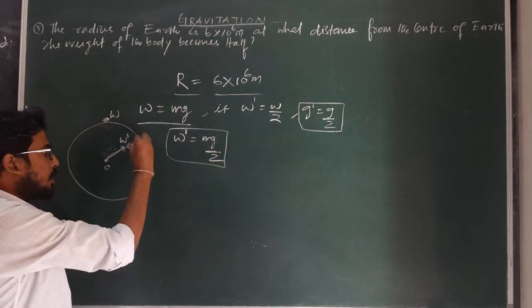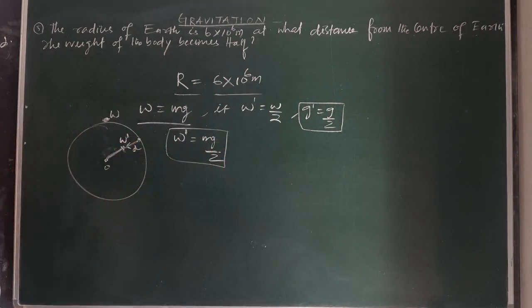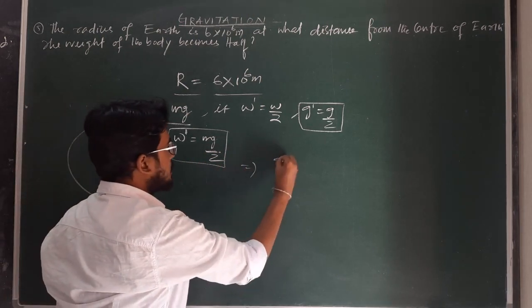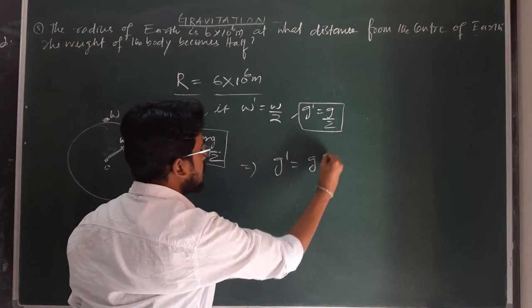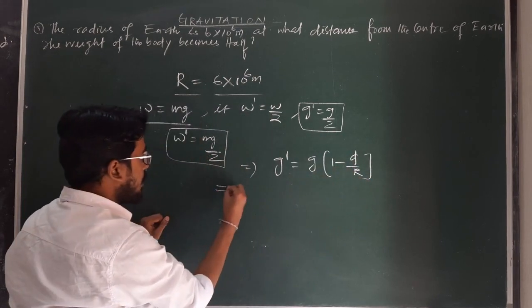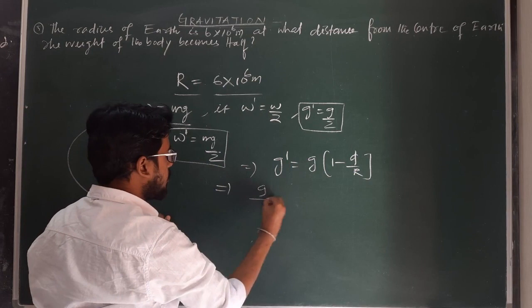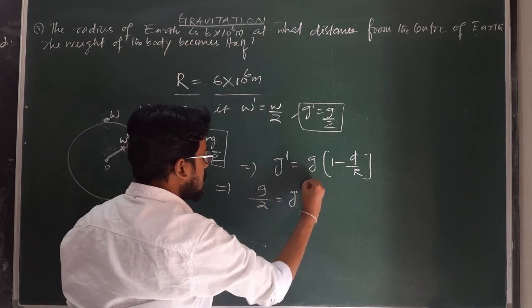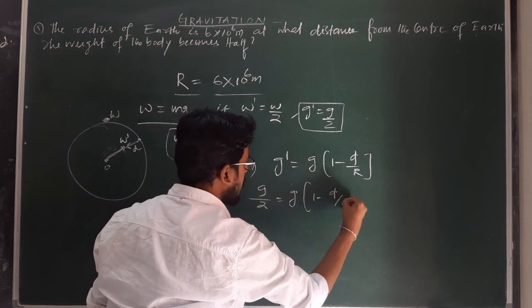Clear? And this is the depth of the location where the weight will become half. So we can write g dash as g into 1 minus d by r. So this implies g dash, which is equivalent to g by 2, equal to g into 1 minus d by r.